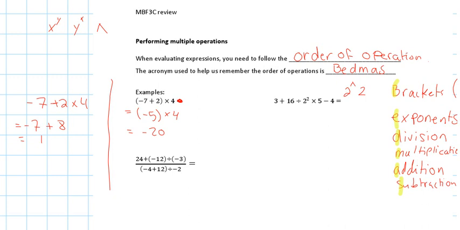Okay, so that's our first step. Again, I'm going to cross that equal sign here. I'm going to put it here. 16 divided by 4 times 5 minus 4. Okay, so the only thing I changed so far is the 2 squared, and I calculated it to be 4.